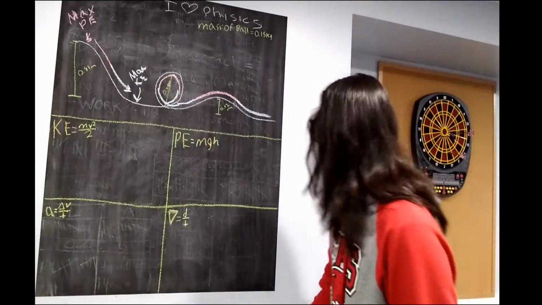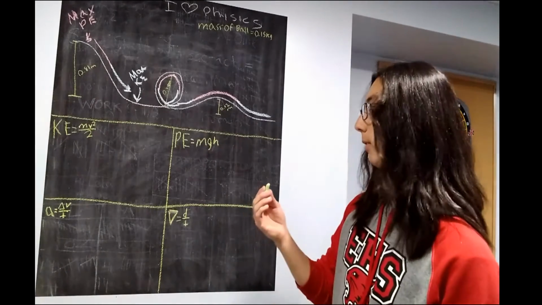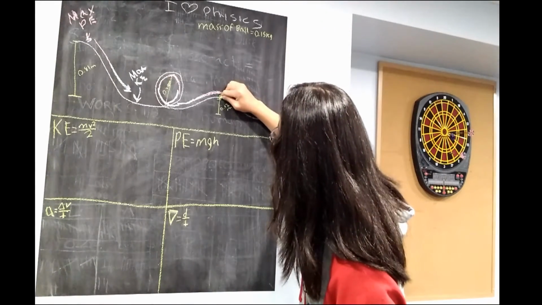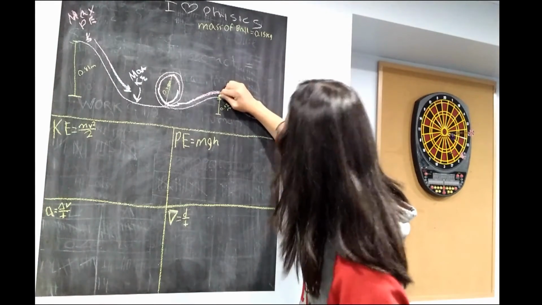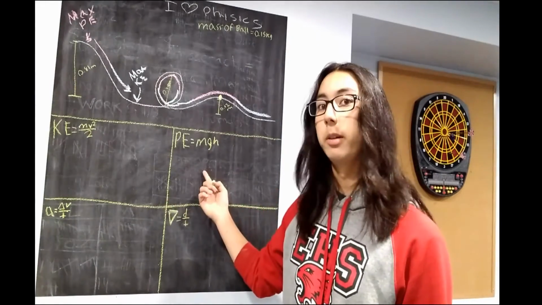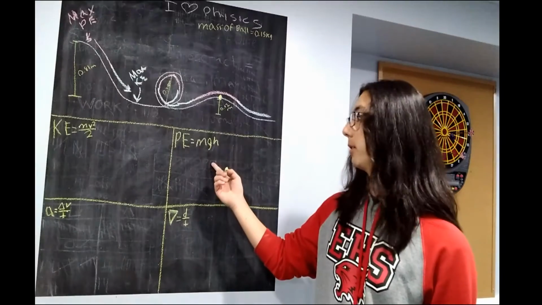Now, for the point that we have to find kinetic energy for, we're going to use this point right here at the top of the bump. And I have our equations for kinetic energy and for potential energy.